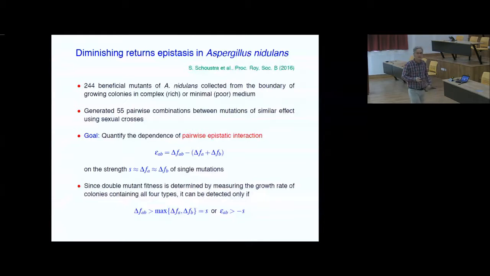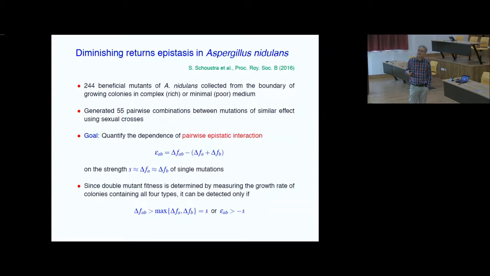This is similar to what I talked about 2 days ago. Again, one can use the complicated reproduction schemes of this fungus, using sexual crosses, to put these mutations into combinations.